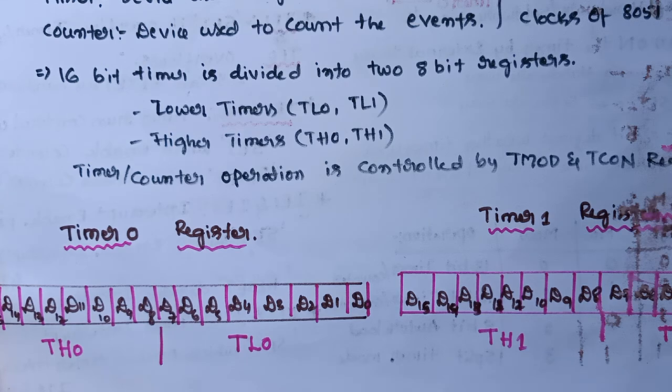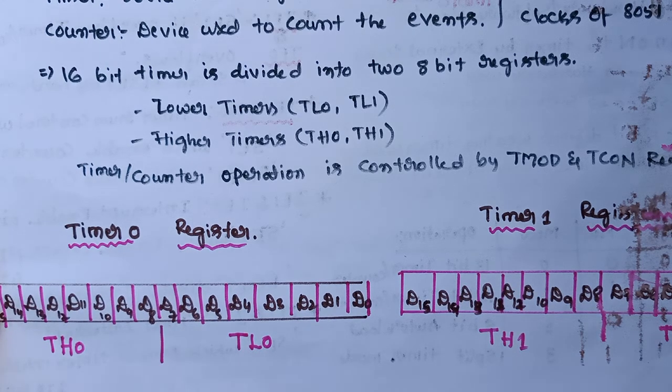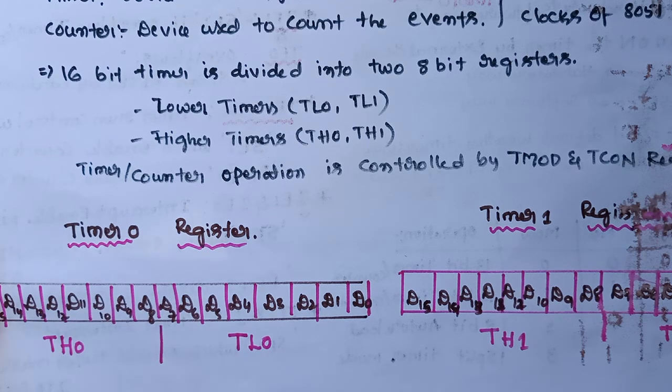A clock signal is nothing but a clock pulse which has logical 1 and logical 0, that is, positive and zero status. So it has positive and negative pulses.